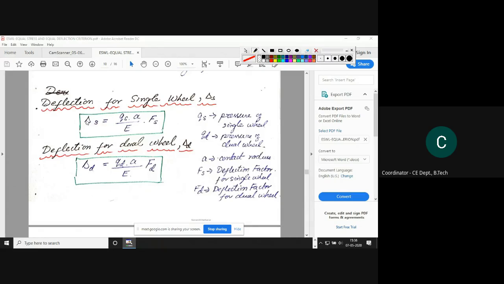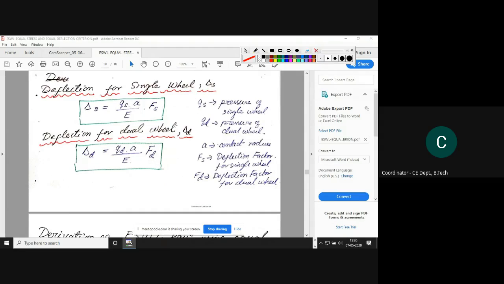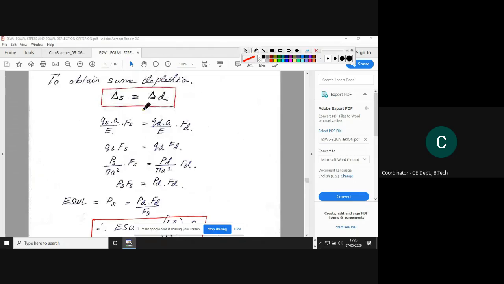Delta S. This is the deflection due to single wheel. Formula is this one. Okay. And deflection due to dual wheel is this formula. Okay. So as I said, in this second method, we have to equate the deflections. In the first method, we have equated the stresses. So now equate just these two deflections. After equating and solving, we are getting this equation.